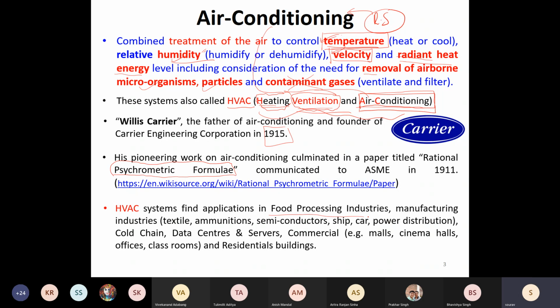So some of them are listed over here. Any manufacturing industry, be it textile, ammunition, semiconductor, ship, car, power production, any food processing industry will require air conditioning processes. Then the entire cold chain. Okay, the cold chain means the source where you produce the food, you store in a cold environment, then you transport it again in a truck or a vehicle which is able to maintain a constant temperature and the desired humidity.